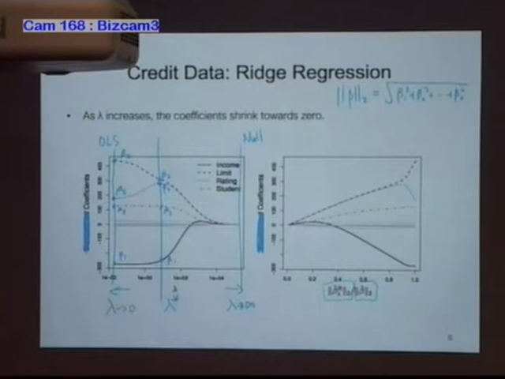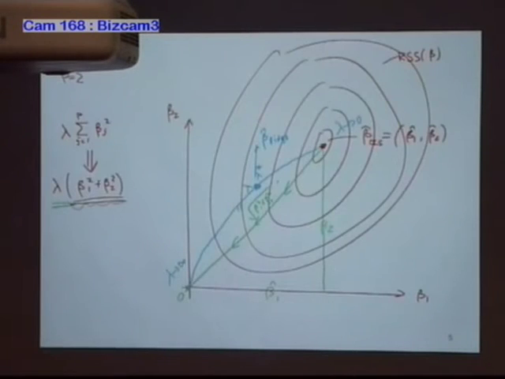So you can see the ratio is the ratio of two distances. The numerator is the distance to the origin of the model chosen by the ridge regression. The denominator is the distance to the origin of the model chosen by linear regression.